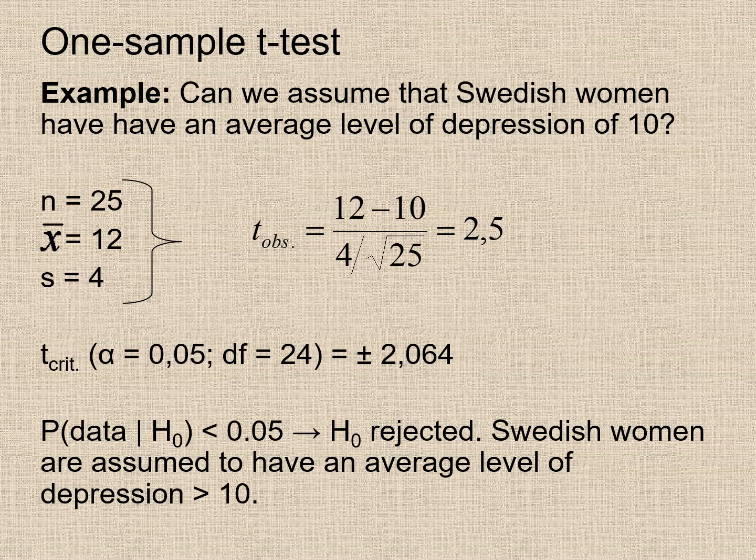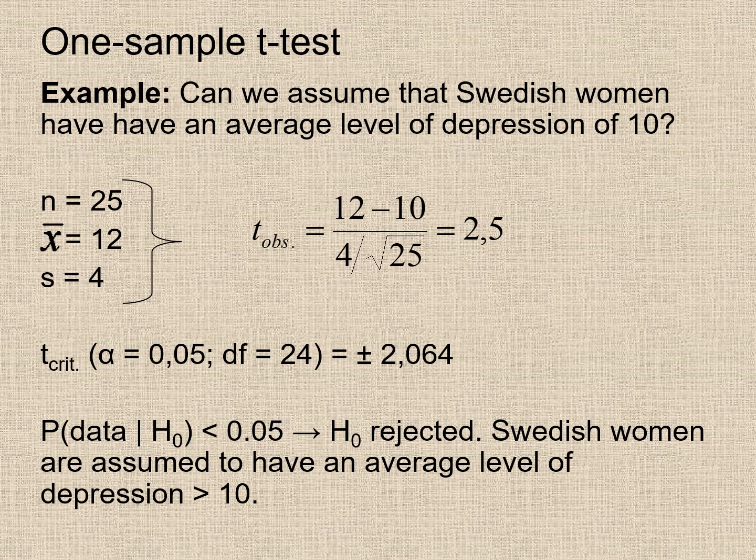So this tells us, because the value 2.5 is larger than 2.06, that the probability of this happening, if the null hypothesis is correct, if the population mean is 10, the probability of getting a sample mean that deviates this much or more from the value 10 is less than 5%.